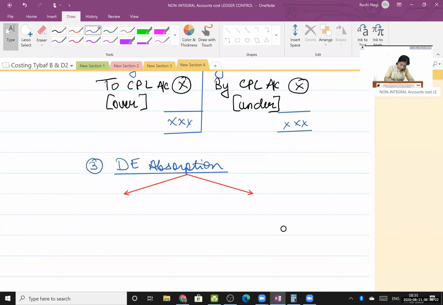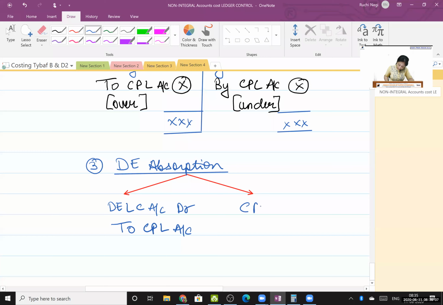Direct expense ledger control account to CPL. And CPL account debit, direct expense ledger control. This is over recovery and this is under recovery.